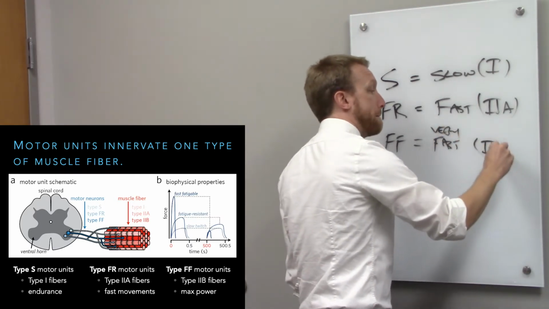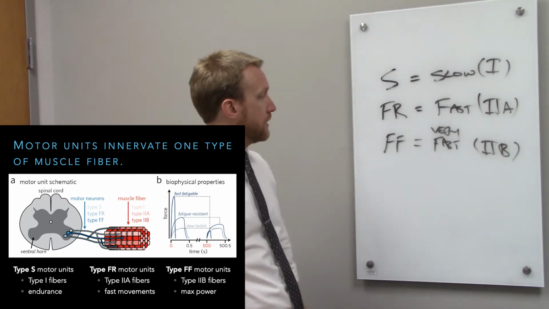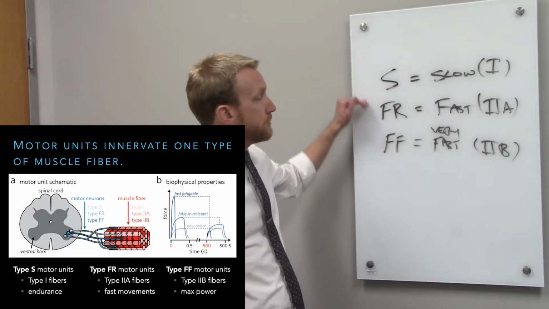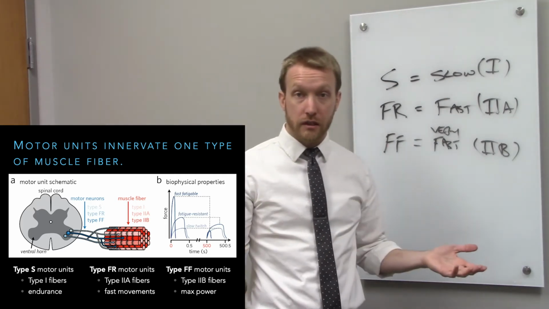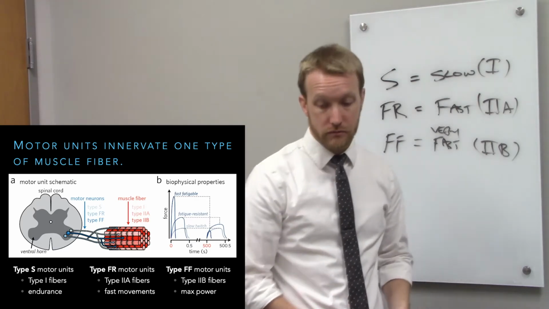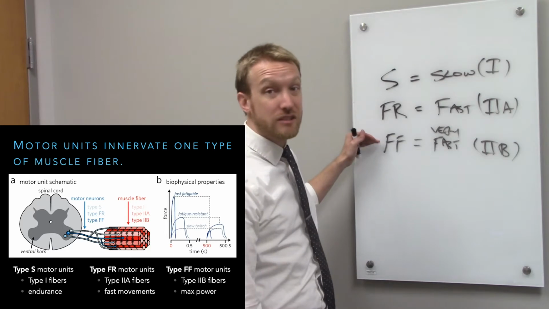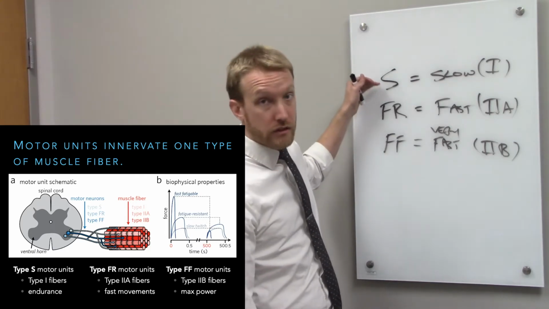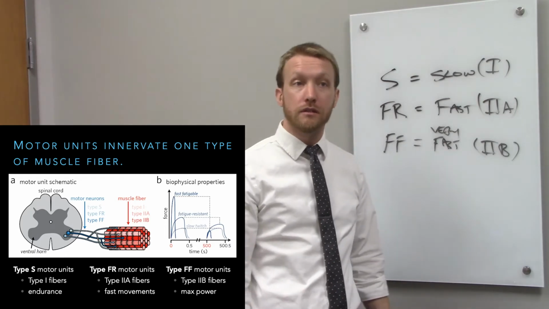Type 2B fibers. So we have 3 different types of motor units. And the motor unit, again, is just the motor neuron and all the muscle fibers that it innervates. And motor neurons tend to target the same type of muscle fiber. FF gives you a lot of force, but it fatigues quickly. Type S gives you very little force, but it'll give you very little force all day, and sometimes that's all you need.